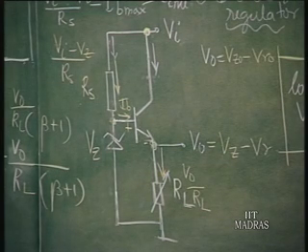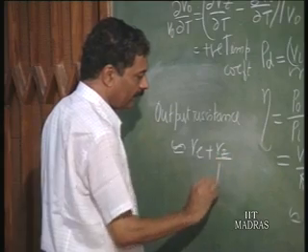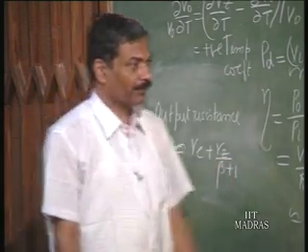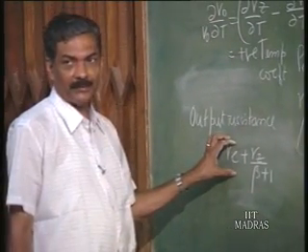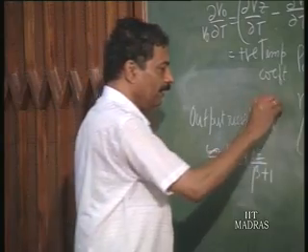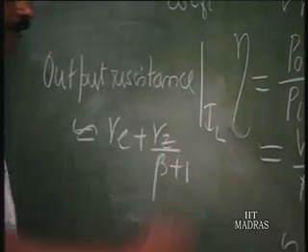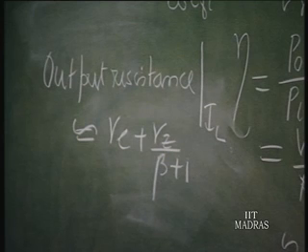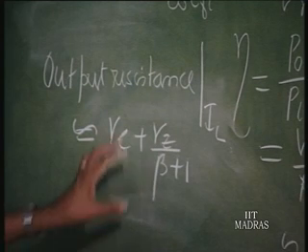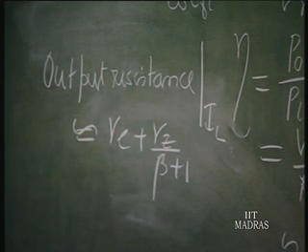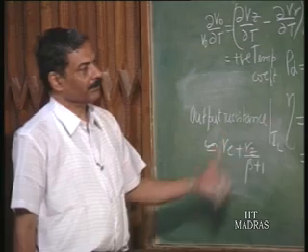So, it is very nearly equal to Re plus Rz divided by beta plus 1, apart from the shunting effect of RL, which is not of consequence, because this is going to be very small. Re is going to depend upon the operating current, so this has to be evaluated at a particular load current. Vt by IL is what Re is. Rz is going to be of the order of tens of ohms. So, this is pretty low output impedance.